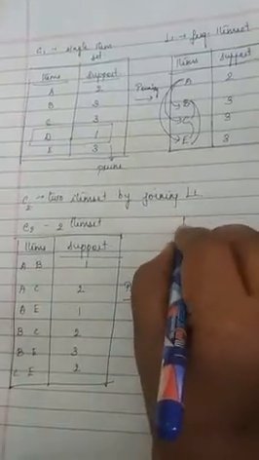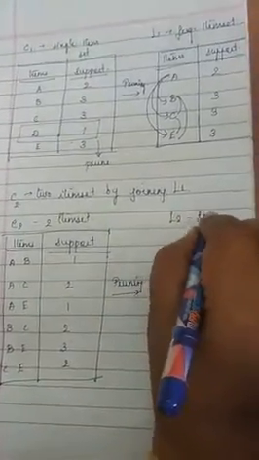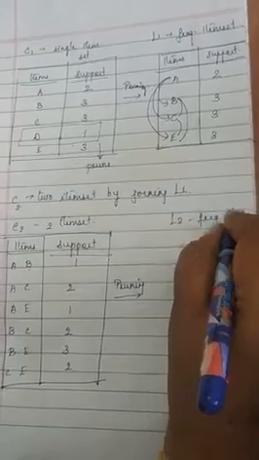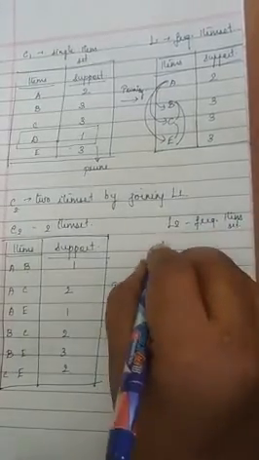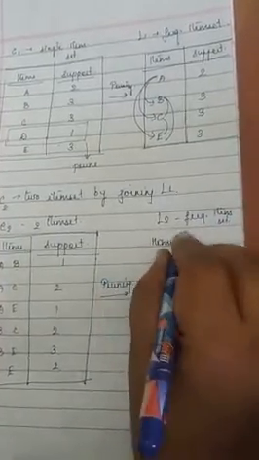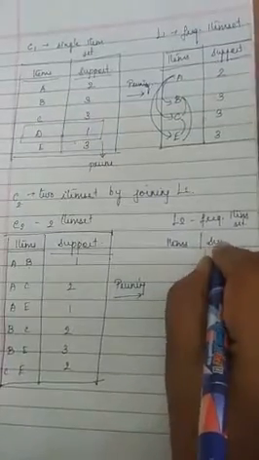BC occurred twice. BE 3 times. And CE just 2 times. Now from this we are going to perform the pruning operation to find L2, which is the frequent item set, again with items and support value.